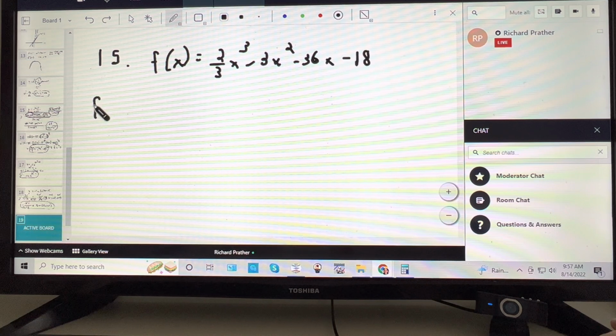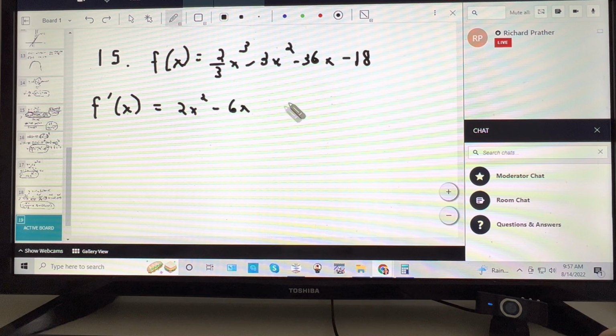So we're always going to do the first derivative and find when is that 0 or undefined. The power rule here is nice because 3 times 2/3, the 3's would cancel. That would be 2x squared. And then minus 6x to the first and minus 36. And the derivative of 18 is nothing.